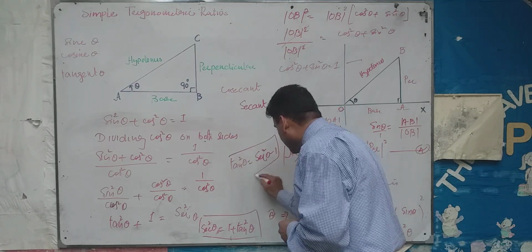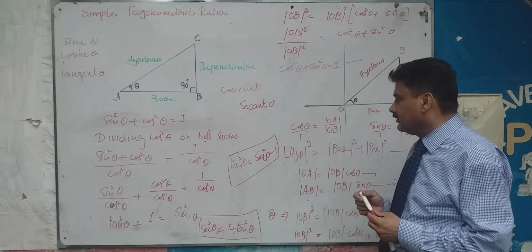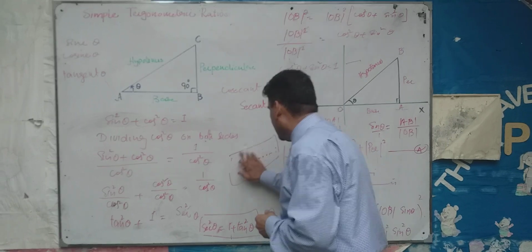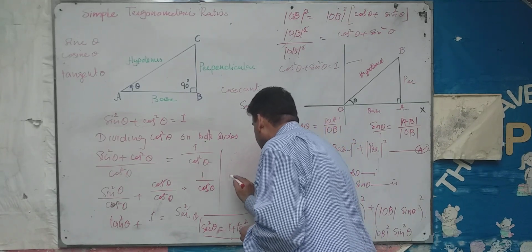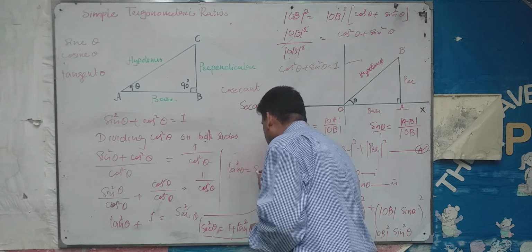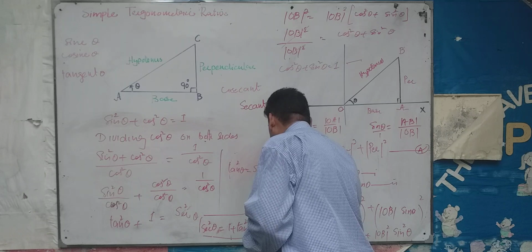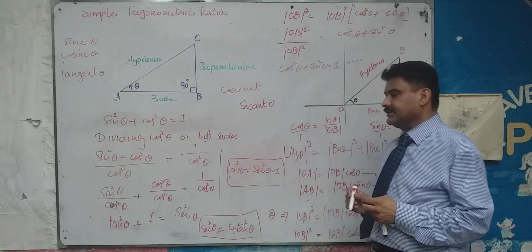This is another trigonometric identity: tan squared theta is equal to secant squared theta minus 1.